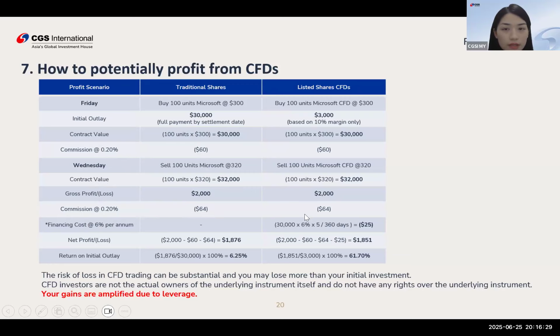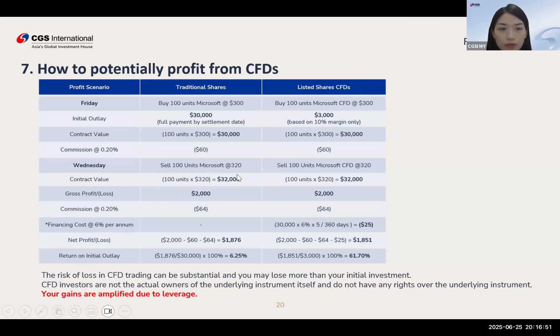And because of CFD, you have to pay the financing fee, and assume that it's 6% per annum. So you get 30,000 times 6% times 5. This 5 is because you are holding from Friday until Wednesday. Divide by 360, so you get the financing fee of $25.